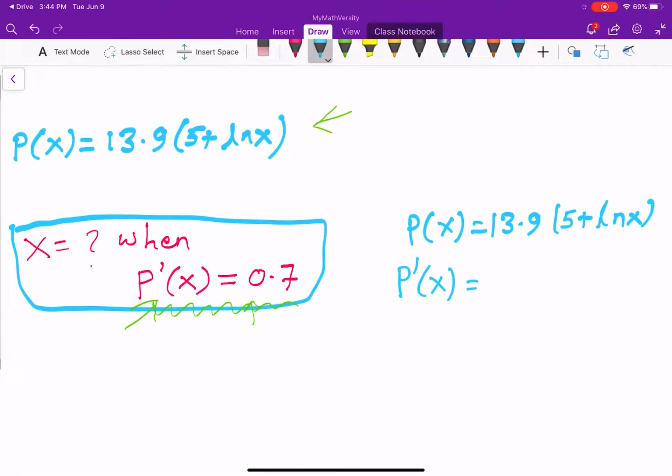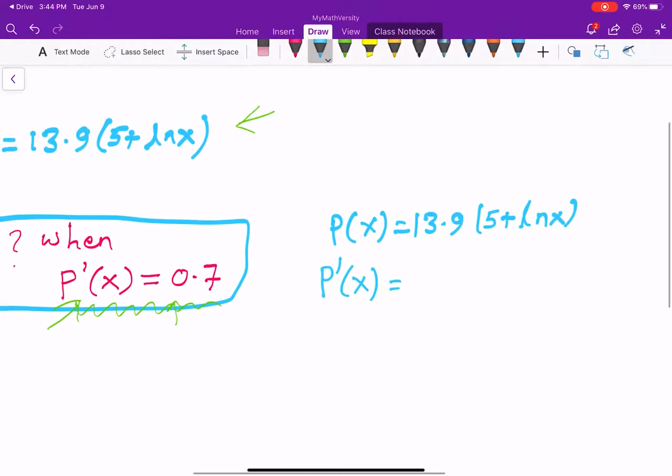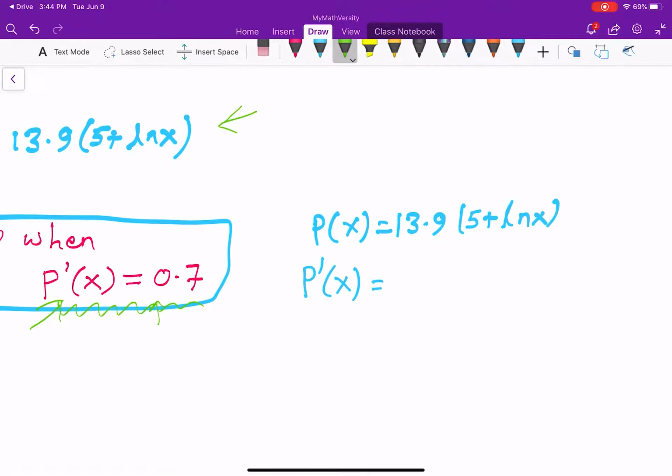How can we find P prime of x? We can use the constant multiple rule, because we have a constant multiplied by some function. Write down the 13.9 as it is, multiplied by the derivative of 5 plus ln of x.